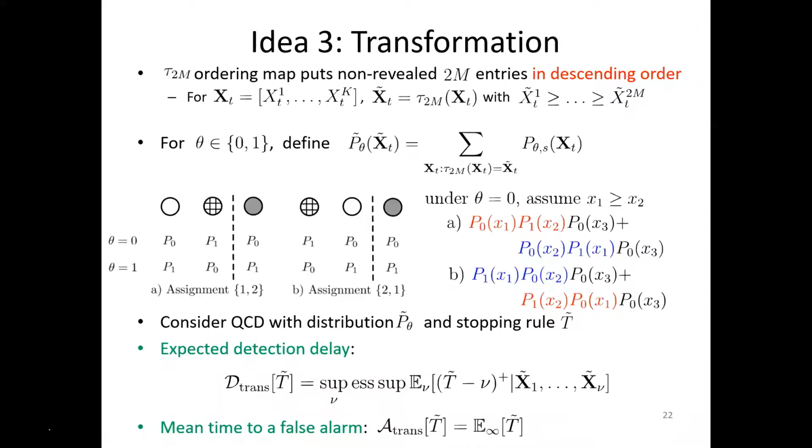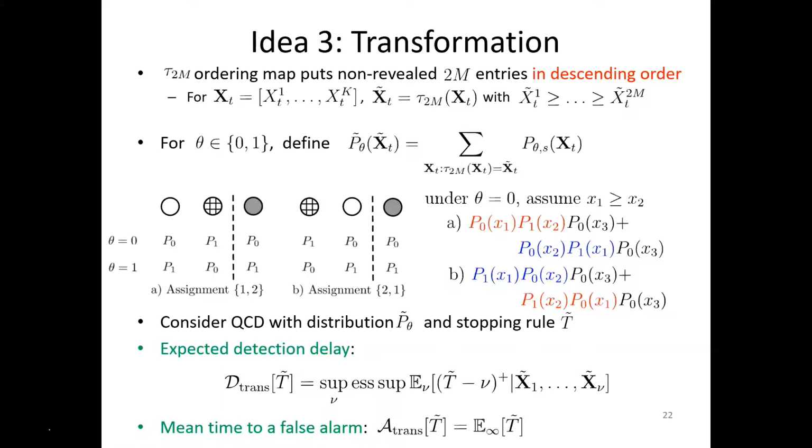Now let's come to the third idea, that is, we do the transformation. We define tau 2m to be the ordering map that puts the non-revealed 2m entries in descending order. Recall that we have a total of n plus m observations, but we know that n minus m of them are honest, so we don't care about those parts.